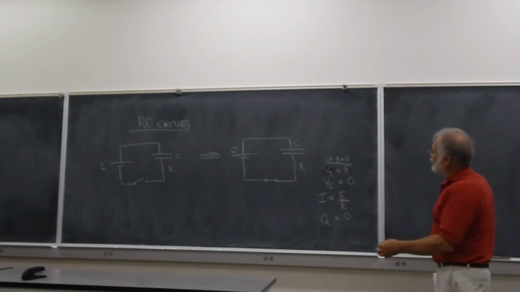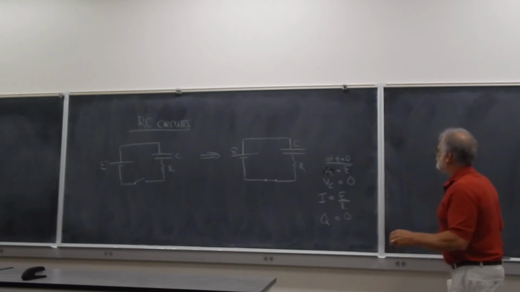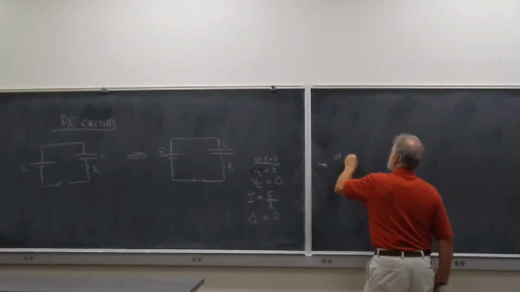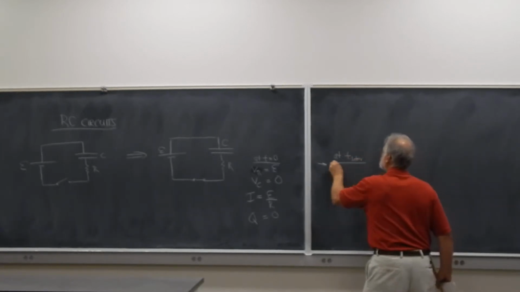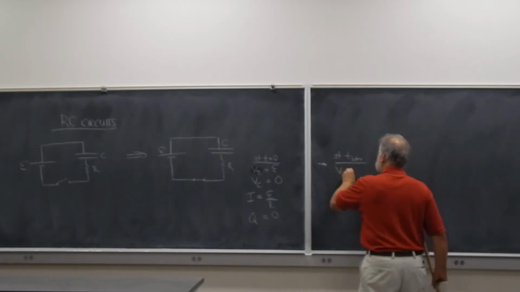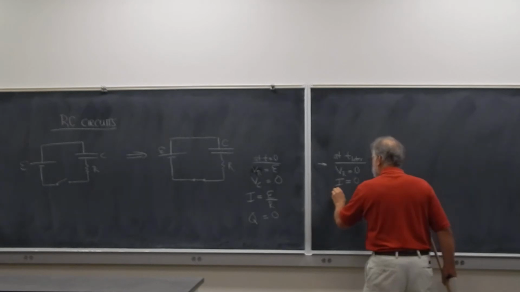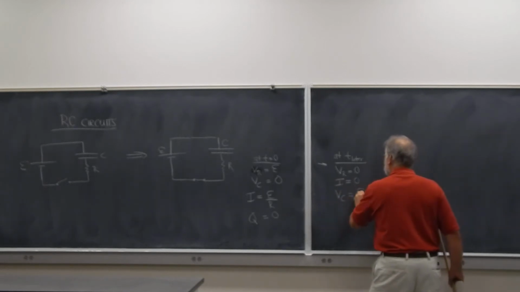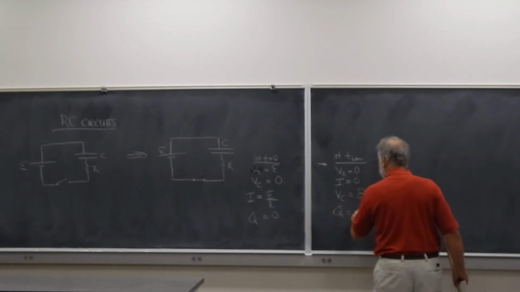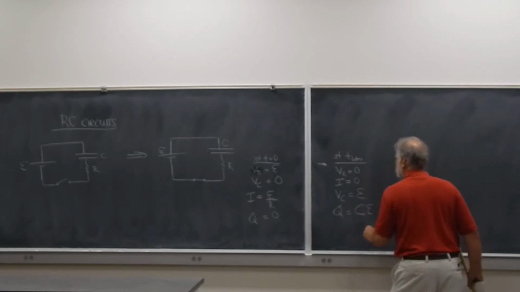As it charges up, there's going to be less current going through the resistor, until finally, at some later time, the voltage across the resistor will be 0, the current in the circuit will be 0, the voltage across the capacitor will be the voltage coming from the battery, and the capacitor will be fully charged, and so we'll have a charge of C times E.